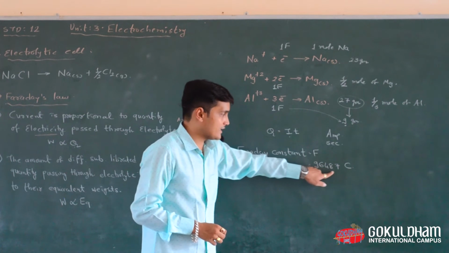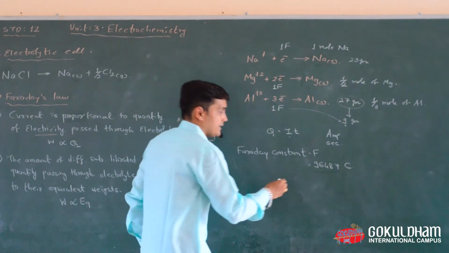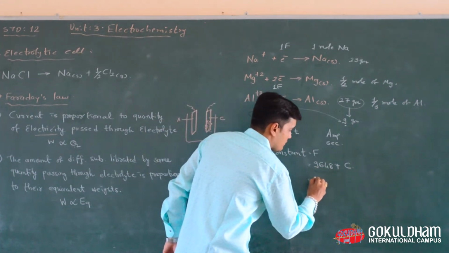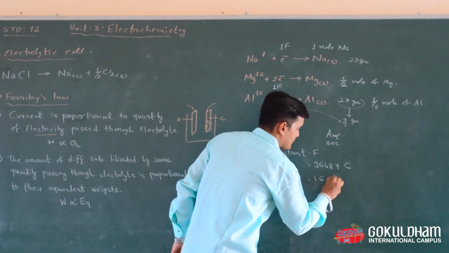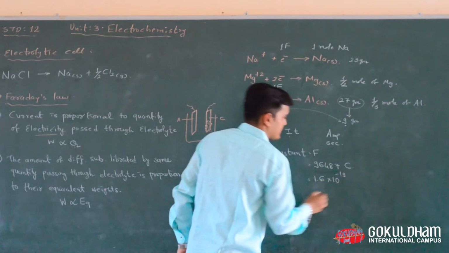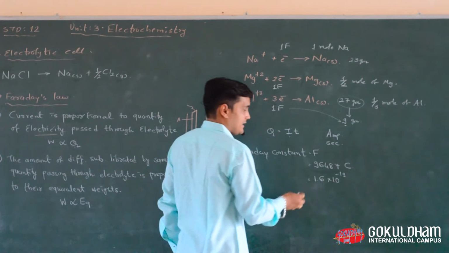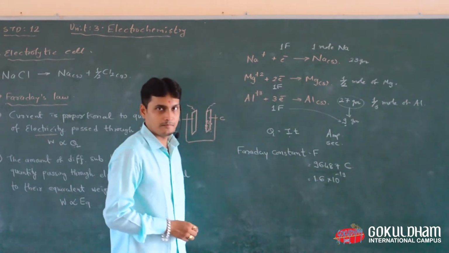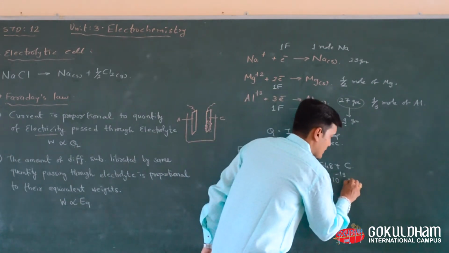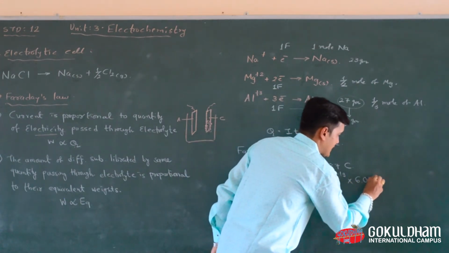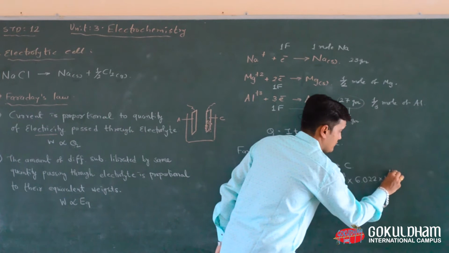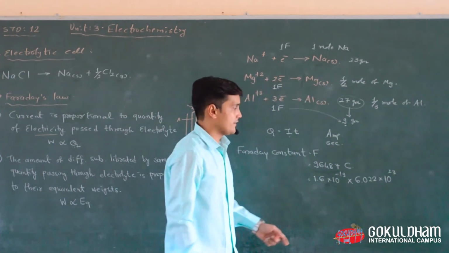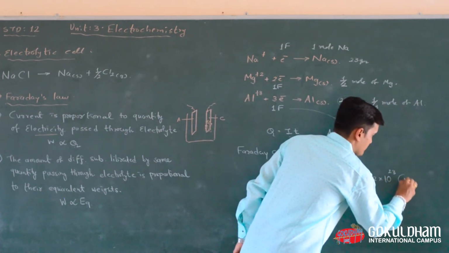From where is this value coming? You have the electronic charge, 1.6 into 10 raised to minus 19. This is the charge of a normal electron, and you have to multiply this charge with the Avogadro number. This Avogadro number means Na.